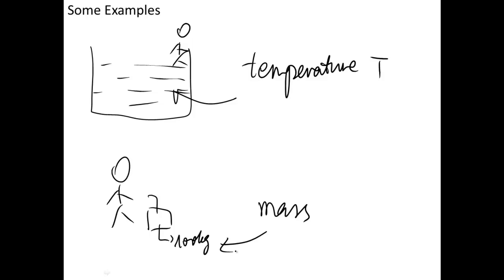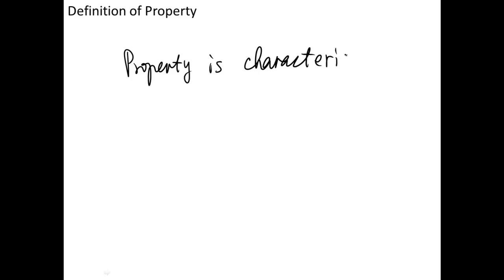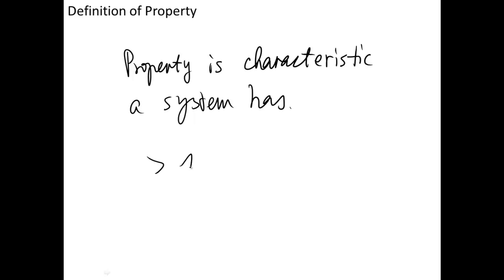So through these two examples, let's define what properties are. Property is a characteristic a system has. And a system usually has more than one property, not only one.